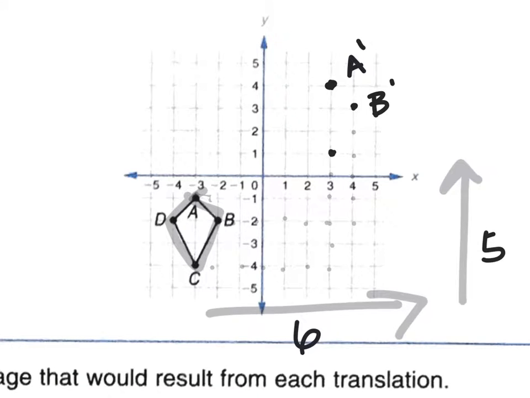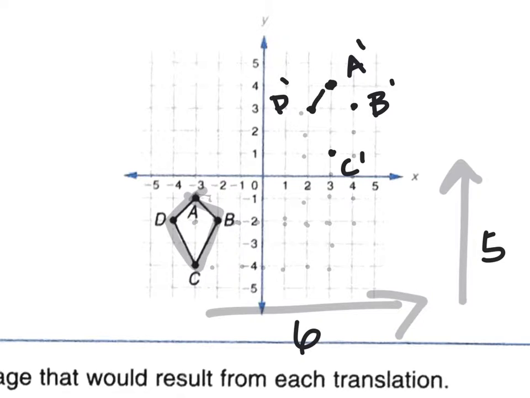Point C will be here, again, name it C prime. And finally, point D, 1, 2, 3, 4, 5, 6, 1, 2, 3, 4, 5. We'll be at this point, and again, you know the drill, D prime.